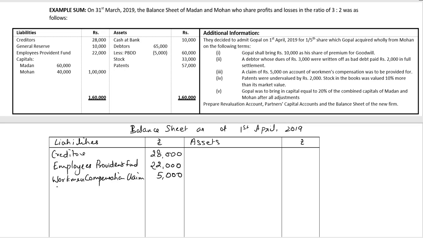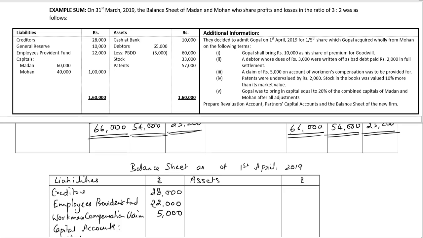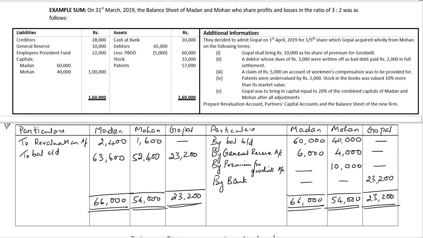Let's insert the capital accounts of the partners. Madan, Mohan and Gopal. We'll check out the capital balances from the partners' capital accounts. 63,600, 52,400 and 23,200.